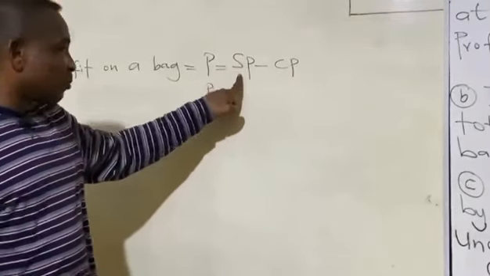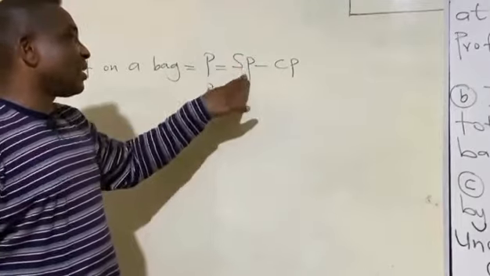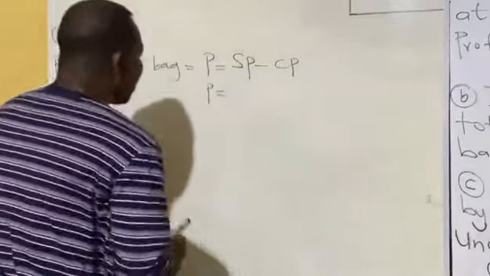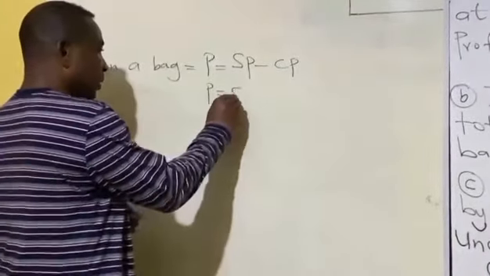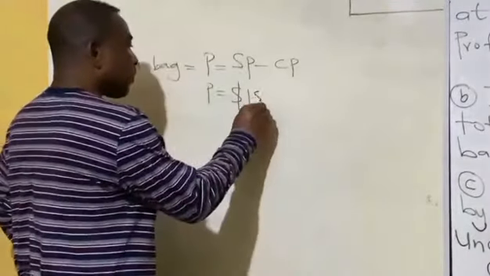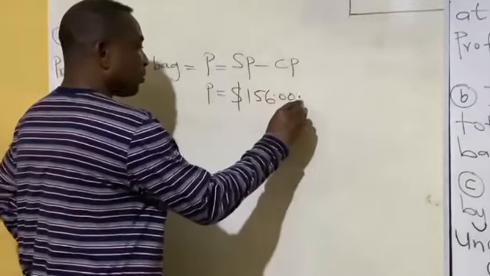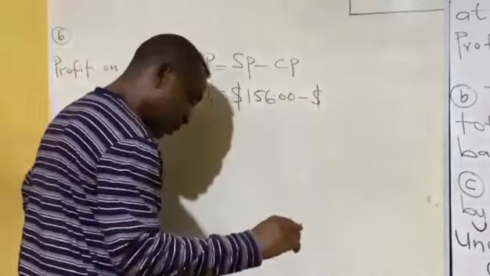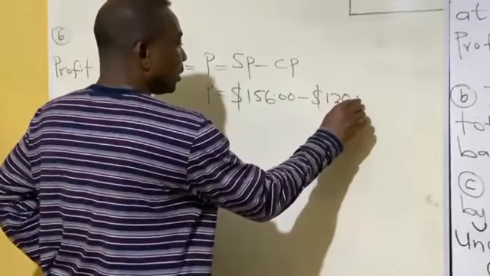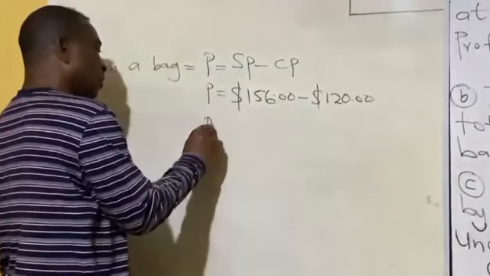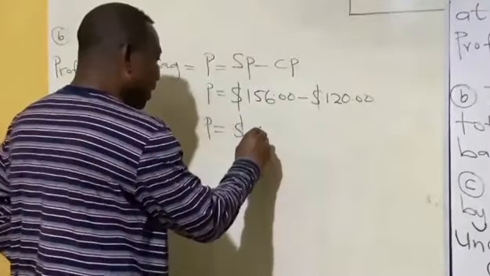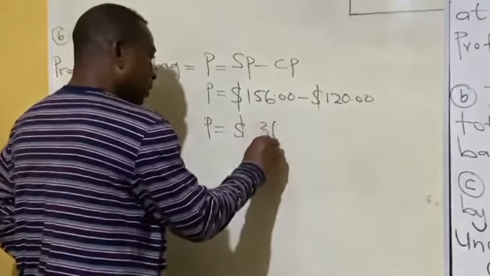I'm using SP and CP because we have already defined them in the previous question. So the selling price we just calculated, $156.00, minus the cost price, $120, gives us $36.